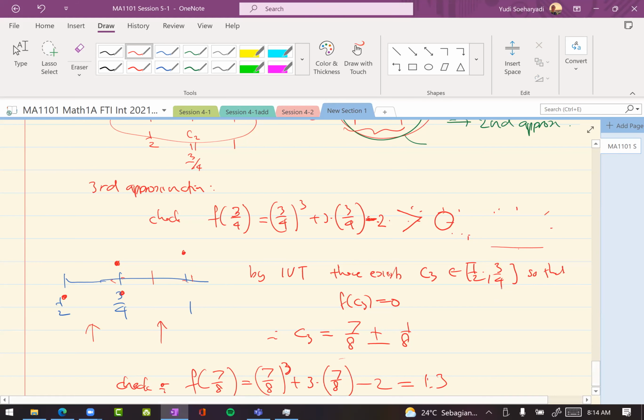Okay, so then it's not 7/8, but between 1/2 and 3/4. Let's see, 3/4 is 6/8. What should be the middle point?